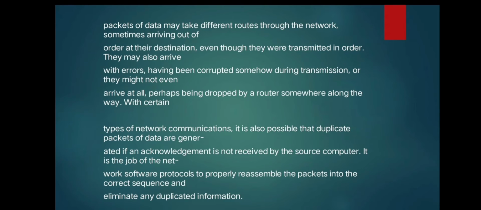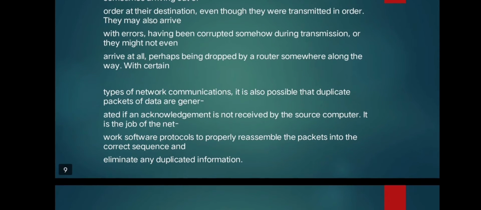Packets of data may take different routes through the network, sometimes arriving out of order at their destination though they were transmitted in order. They may also arrive with errors, having been corrupted somehow during transmission, or they might not even arrive at all, perhaps being dropped by a router somewhere along the way with uncertain types of network communication.